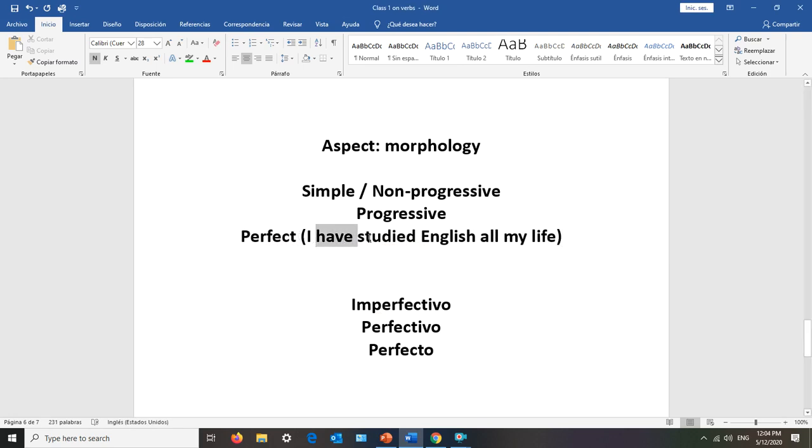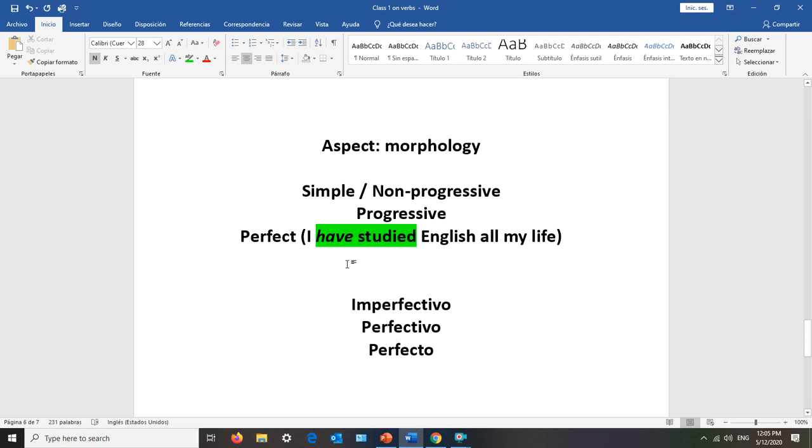This form in itself and the employment of have as an auxiliary marks the situation as having present consequences, but connected to the past in a way, because the moment in which I started studying English is related to my past, although it still has relevance because I'm still studying it, and I presume I will study it all my life into the future as well.